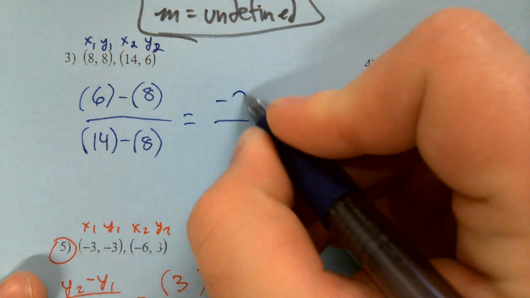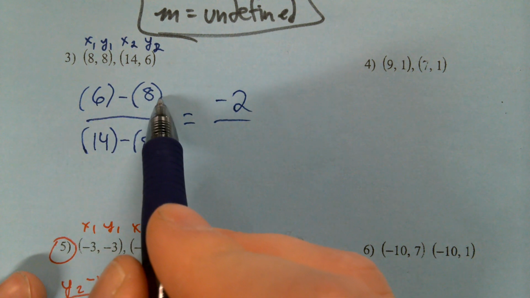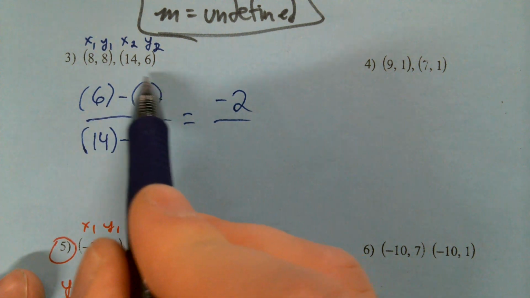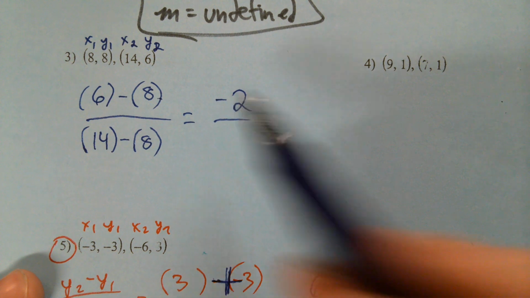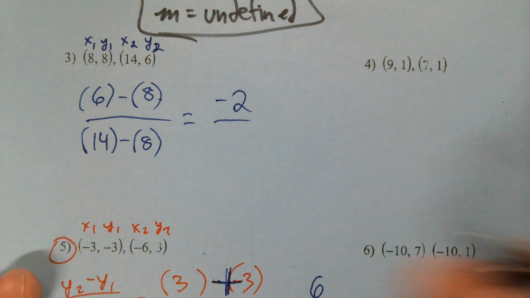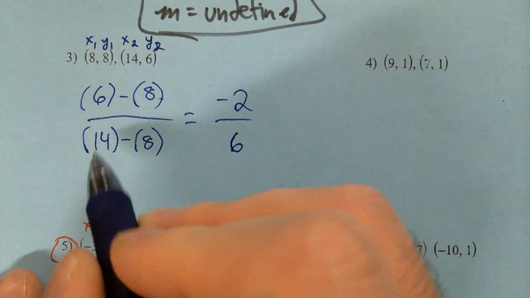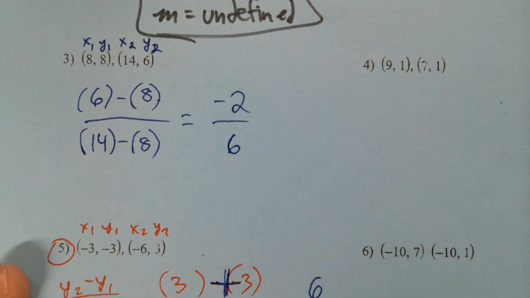Negative 2, right? There is a 2-point difference between 6 and 8, but if we're subtracting a larger number, we're going to end up in the negatives, right? What about 14 minus 8? Positive 6, as we have the larger number in front. If we take 8 away from 14, we've still got some positivity left.